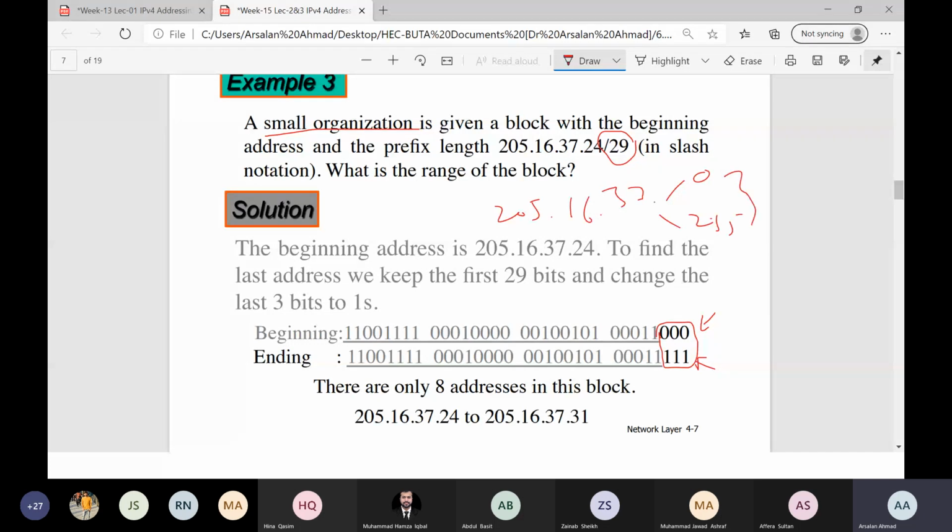Now in the arbitrary length, since we have the subnet portion of arbitrary length, this is the luxury, this is the leverage that we get. We can assign addresses, although we still need to follow the 2 rules. The 2 rules are that the number of addresses must be a power of 2. 8 addresses is a power of 2, we are fine. And the beginning address must be divisible by the size of the block, 8.